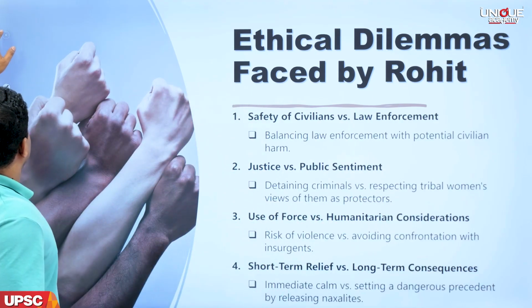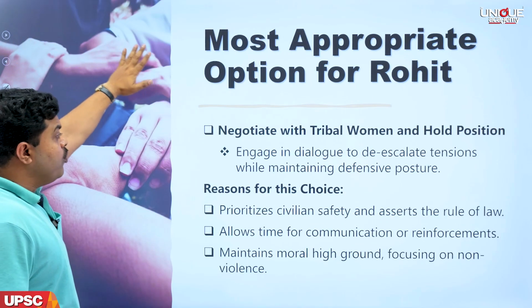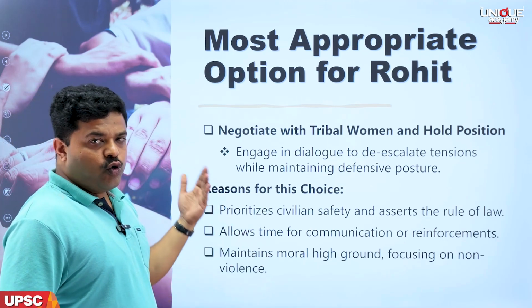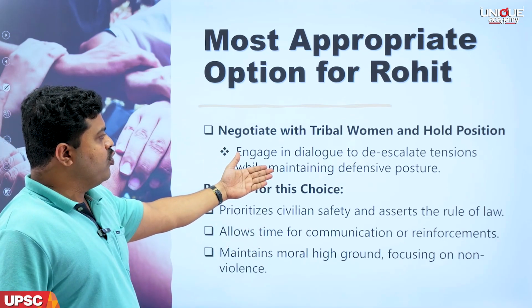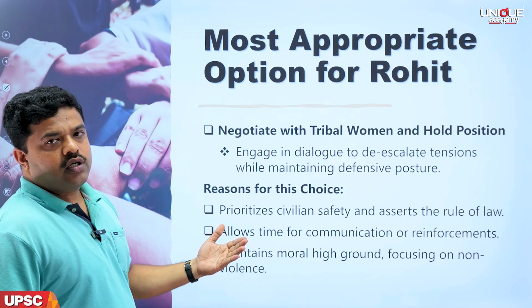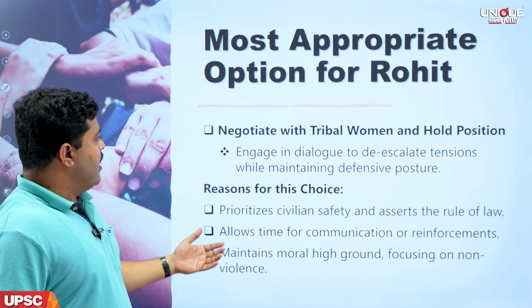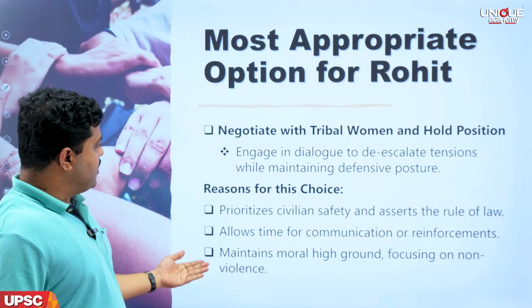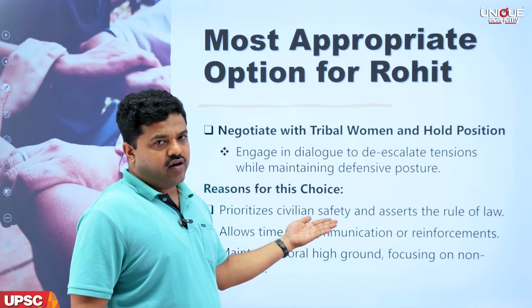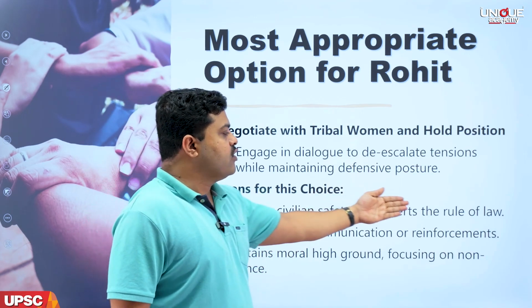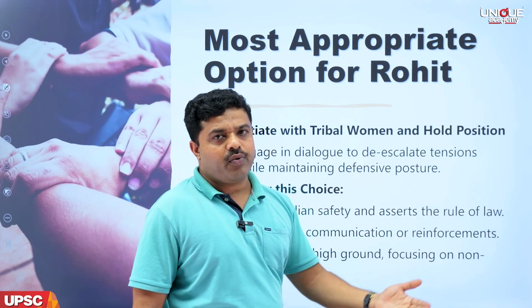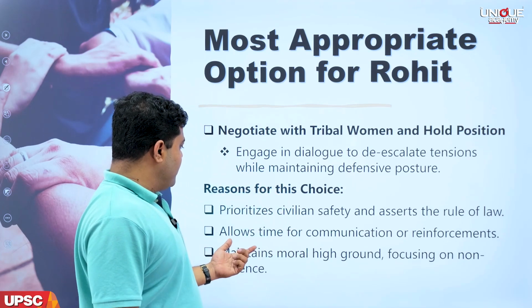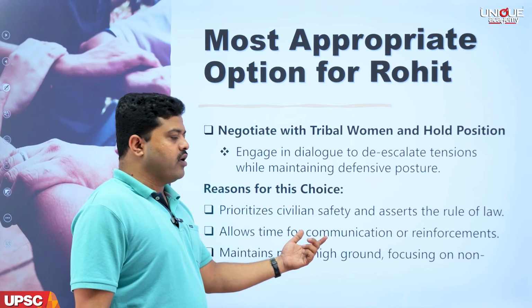The next question is, most appropriate क्या है? सो मोस्ट अप्रोप्रिएट ये है, निगोशिएट करो ट्राइबल वुमेन के साथ, but hold your position, don't give up on your position. एंड इसका रीजन क्या बताना है आपको? That it prioritizes civilian safety, you are not engaging into violence and asserts the rule of law. At the same time, you are not compromising with the rule of law. Second, it allows time for communication or reinforcement.